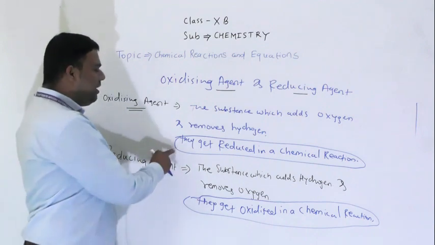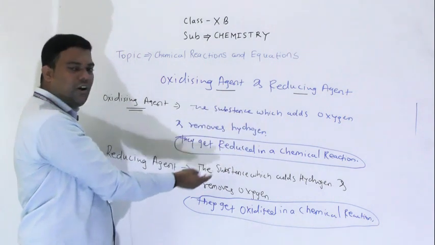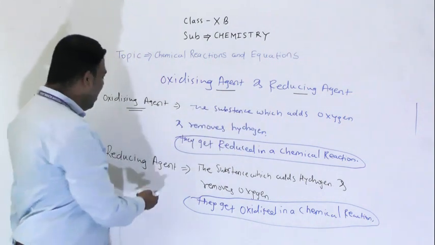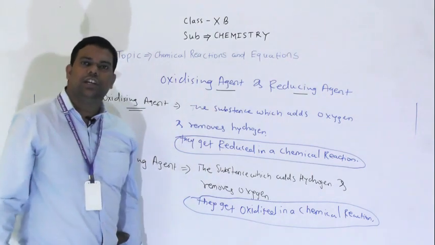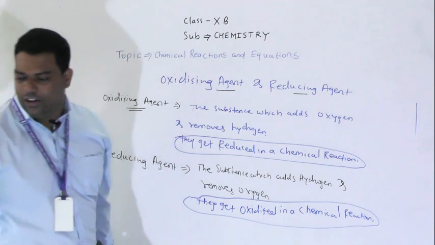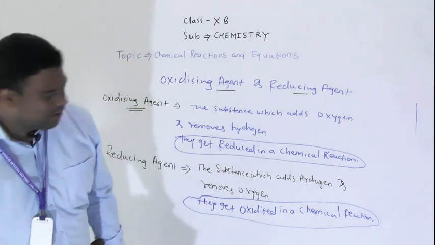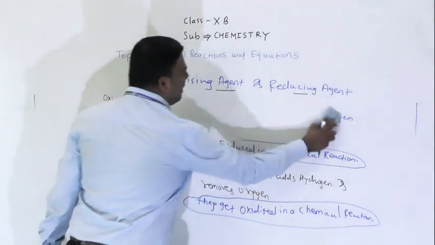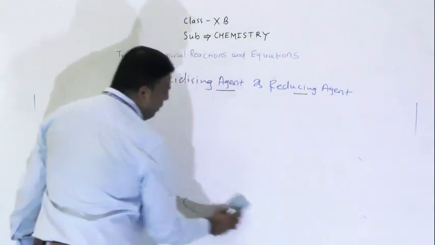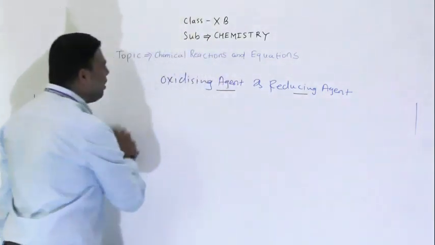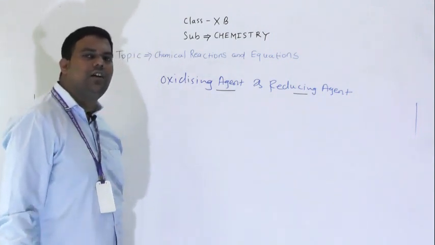But what gets reduced in a chemical reaction, what do we call it? Oxidizing agent. And what gets oxidized in a chemical reaction? Reducing agent. Okay, next we will see some examples, in which we will justify whether a substance is an oxidizing agent or a reducing agent.